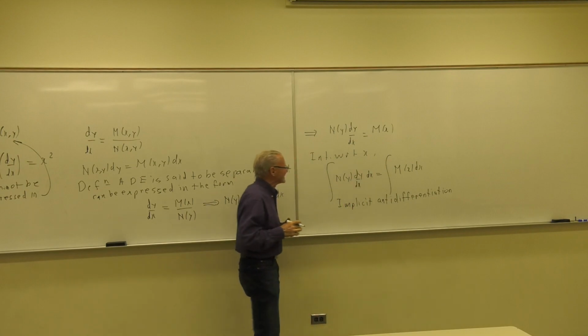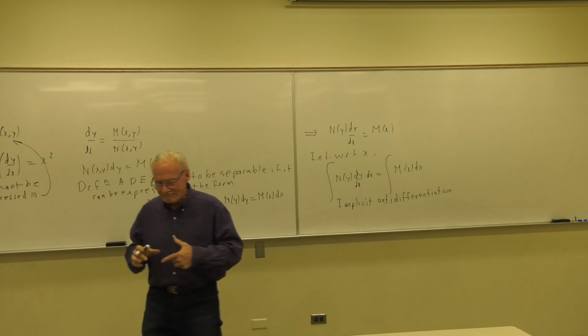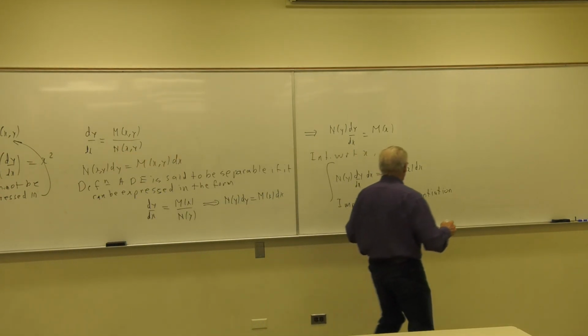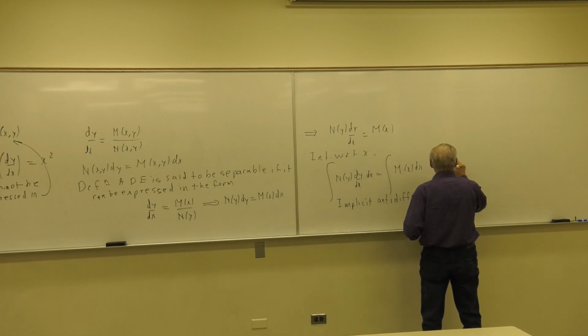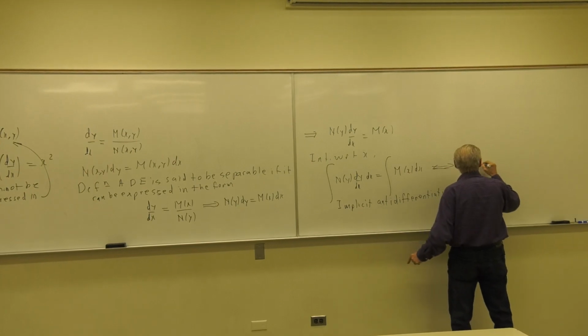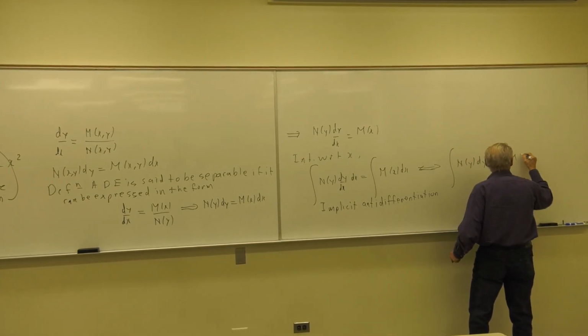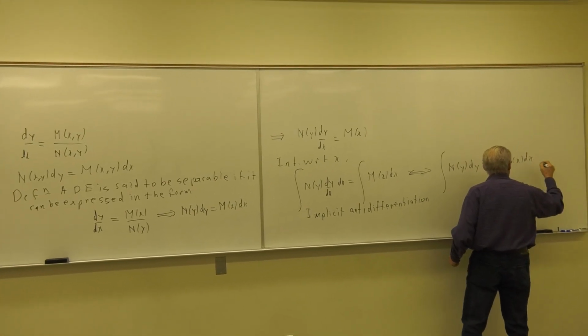So that's implicit anti-differentiation. Alternatively, do you agree that I could cancel those dx's, and I would have the integral of n of y dy is equal to the integral of m of x dx.